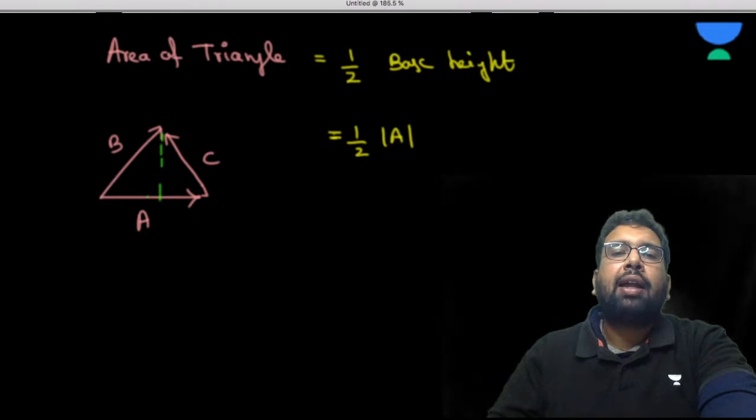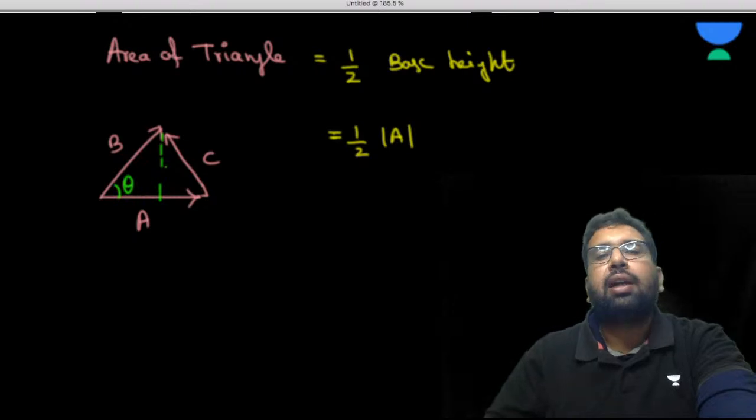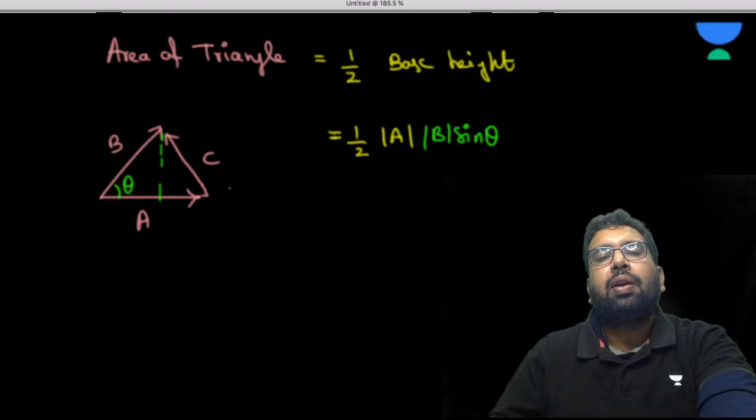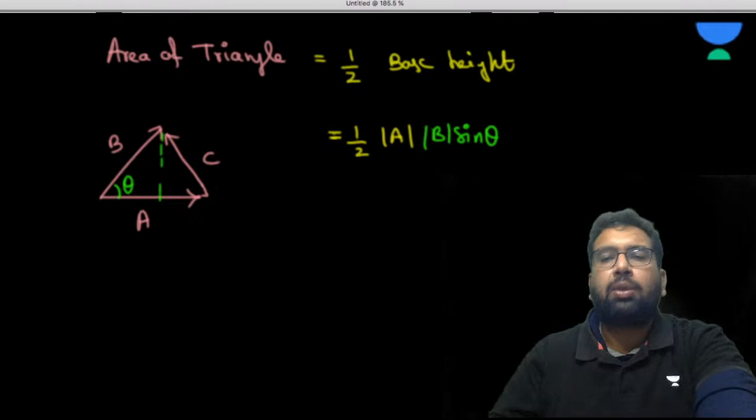And let's suppose this angle is theta. Then the height is going to be B sine theta. Do you agree or not? And it does not have to be any particular vector; I just made this C vector, it has no rule.